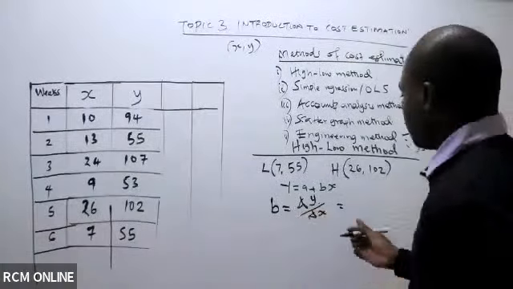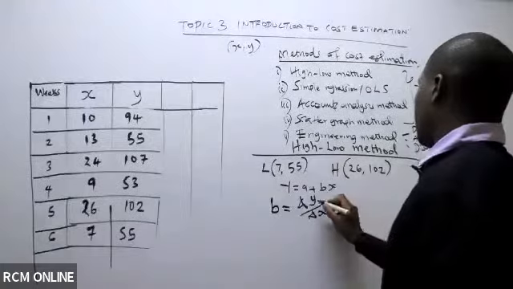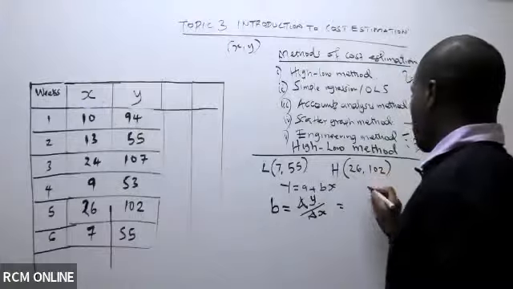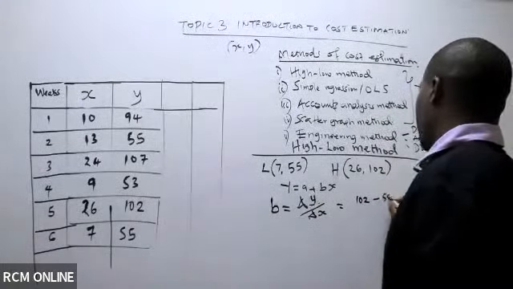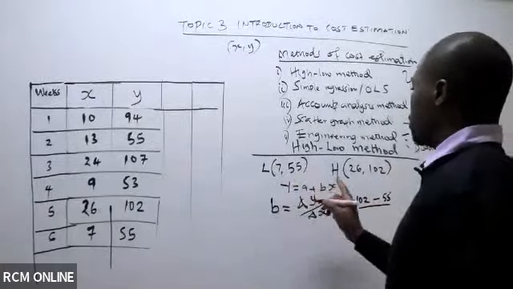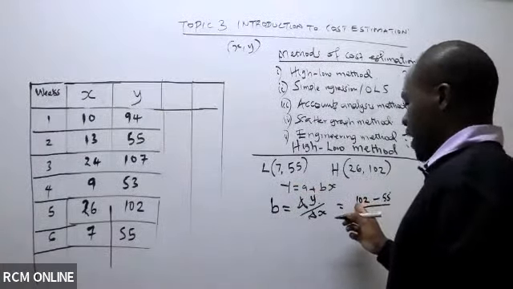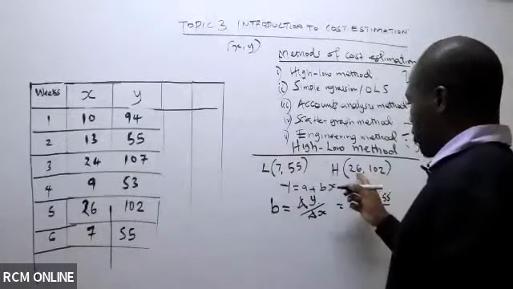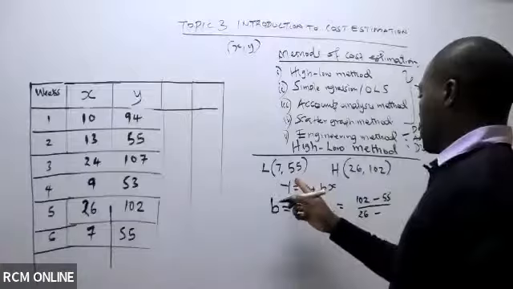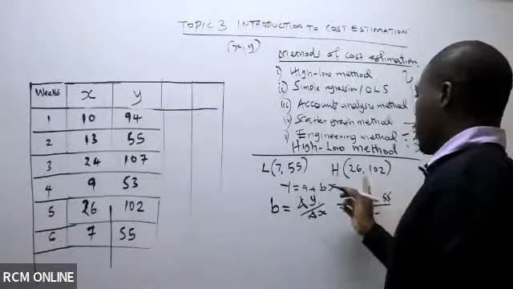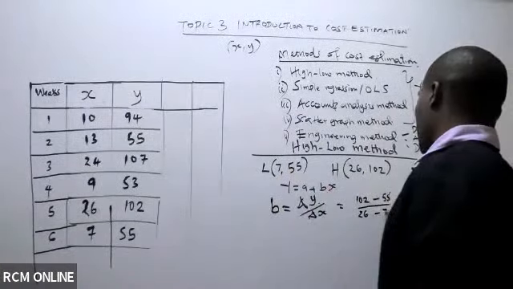So let's start with it. So the value of Y, the highest values, 102 minus 55 over change in X, which is the starting one is the highest, 102. The corresponding X is 26 minus 55 here. The corresponding value is 7, right?